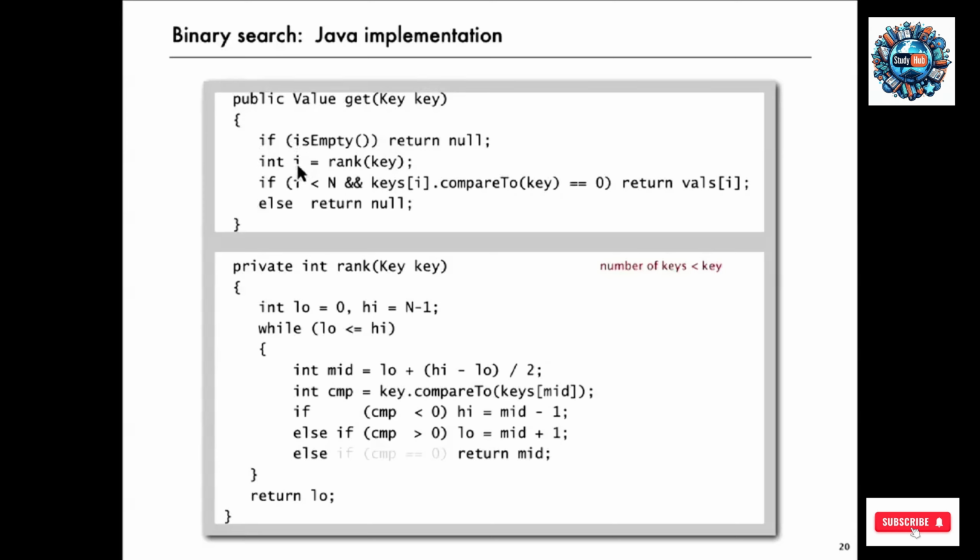Otherwise, we call rank, and that gives us the number of keys less than the current key. And so that is where we look to check to see if that key's there. If it's there, then we return the value with the same index in the parallel array. If it's not there, then we return null, saying the key's not there.